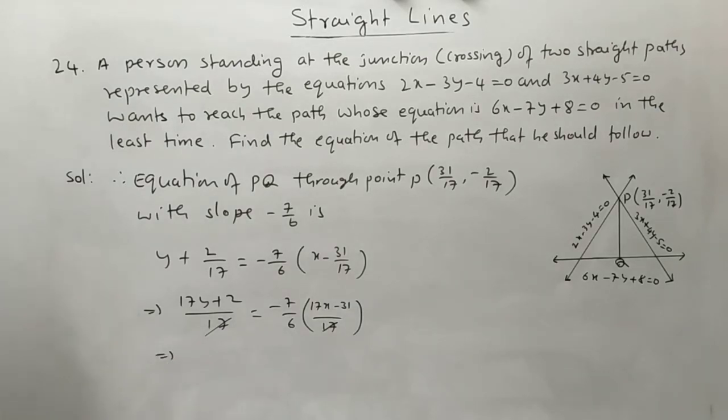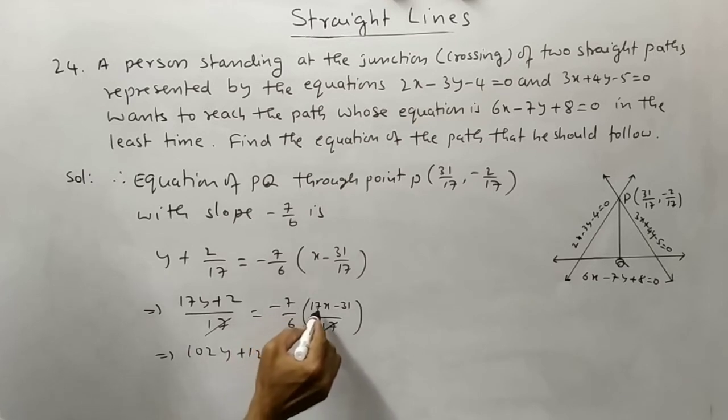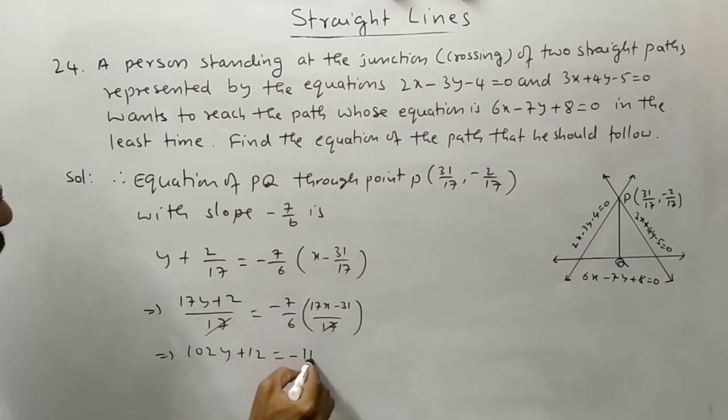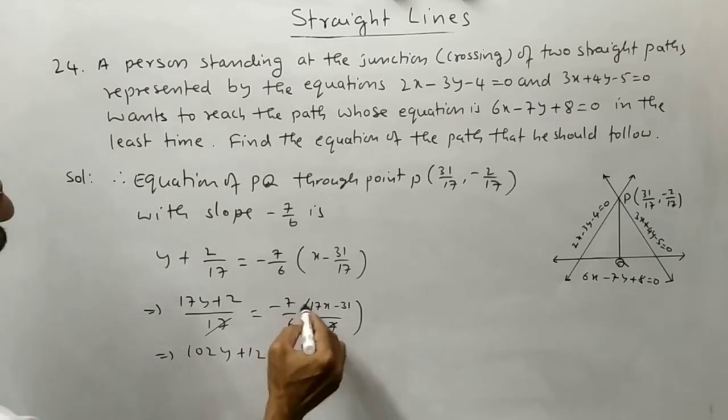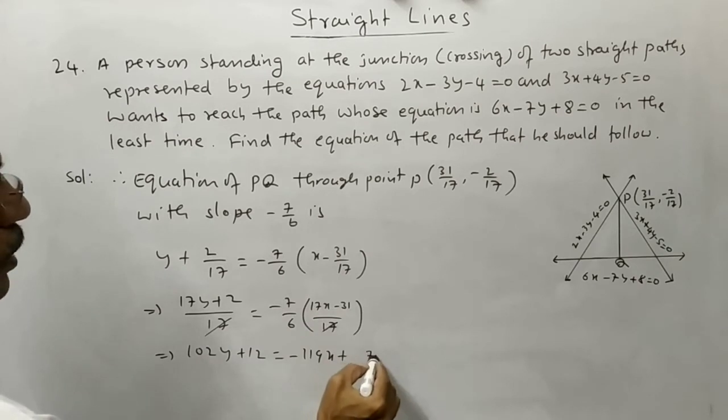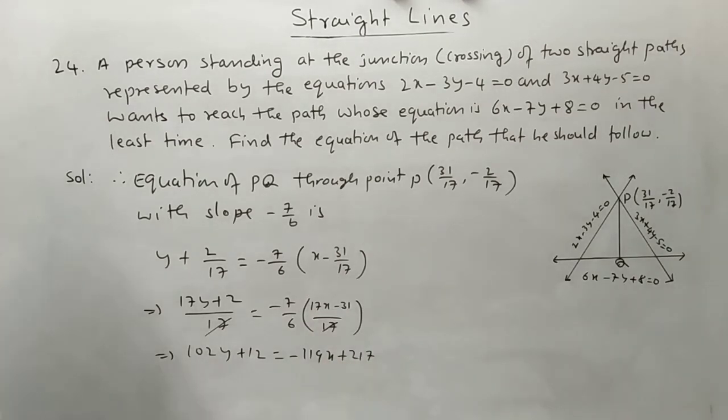This implies 17 into 6, 102y plus 12 is equal to minus 7 into 17, 119x, minus into minus plus 7 into 31, that is 217.